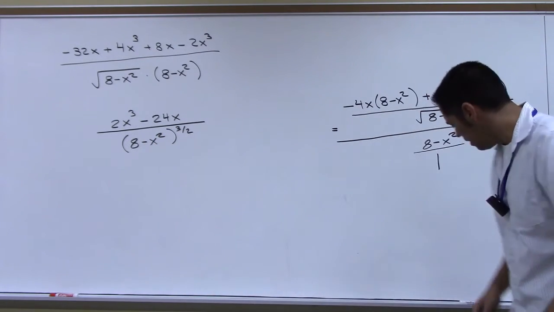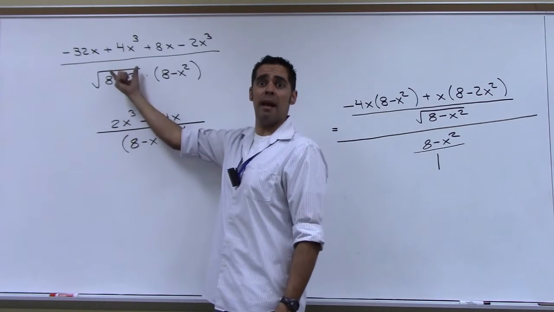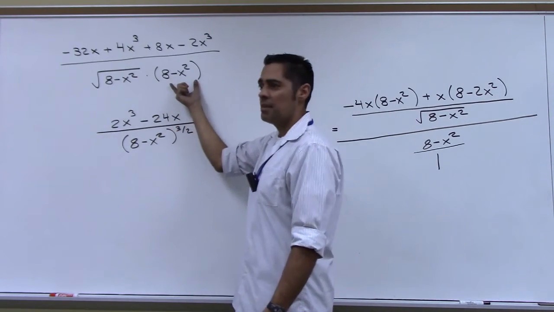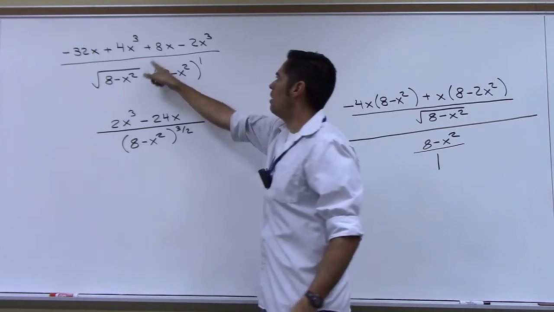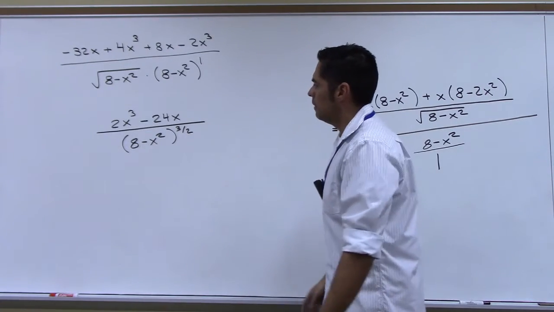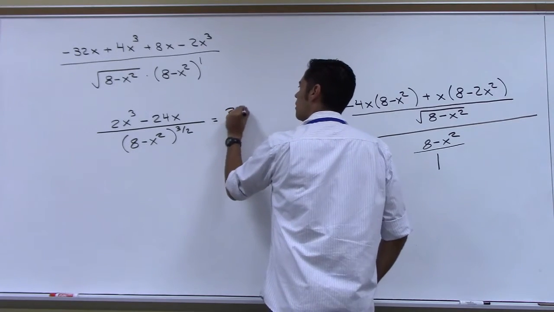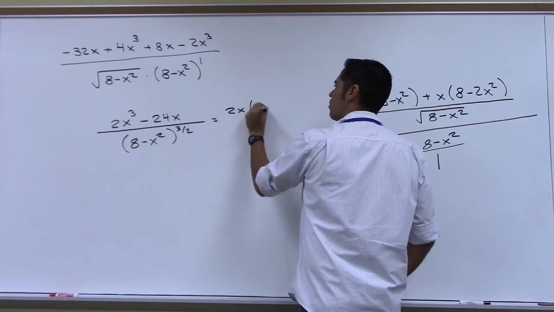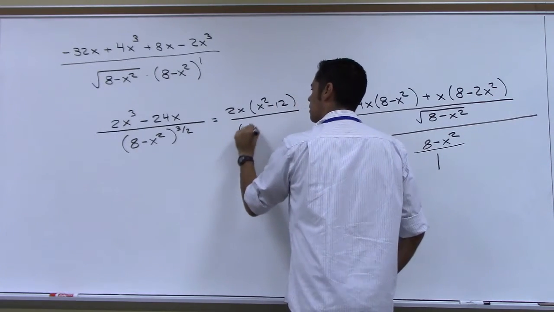And that's because this is 8 minus x squared to the 1/2, and this is 8 minus x squared to the 1. And when you put those together, you add the 1/2 and the 1, you get 3/2. And I think at that point you can just factor out a 2x, be left with x squared minus 12 over this.